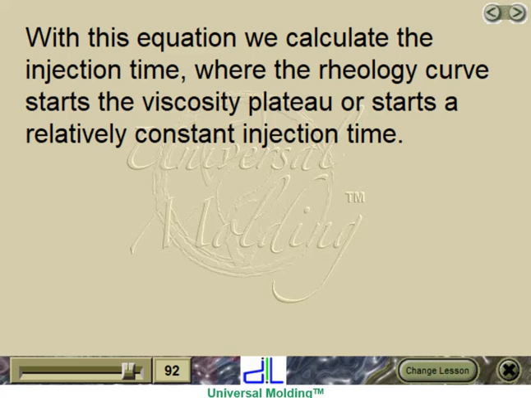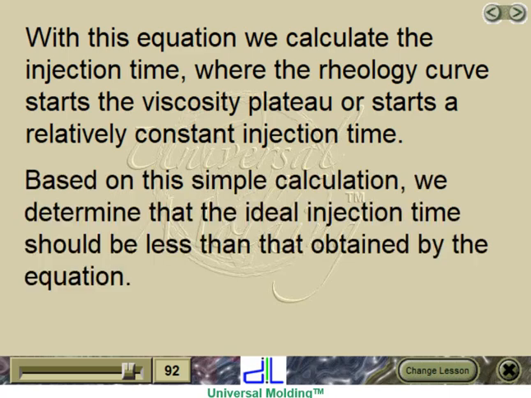With this equation, we calculate the injection time where the rheology curve starts the viscosity plateau or starts a relatively constant injection time. Based on this simple calculation, we determined that the ideal injection time should be less than that obtained by the equation. T ideal is less than T minimum plus T maximum minus T minimum divided by 9.